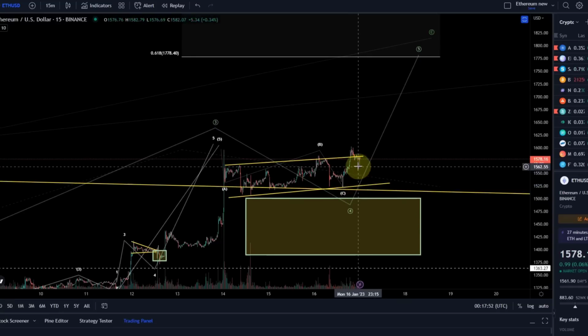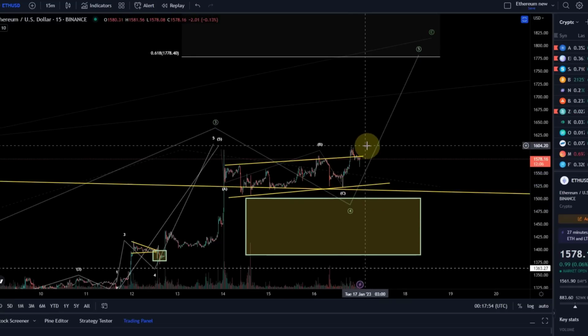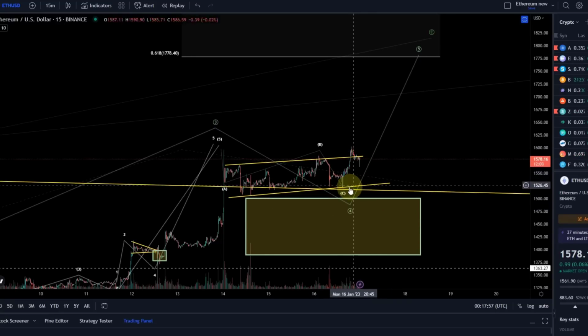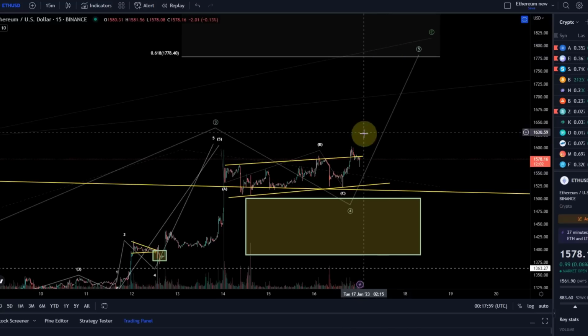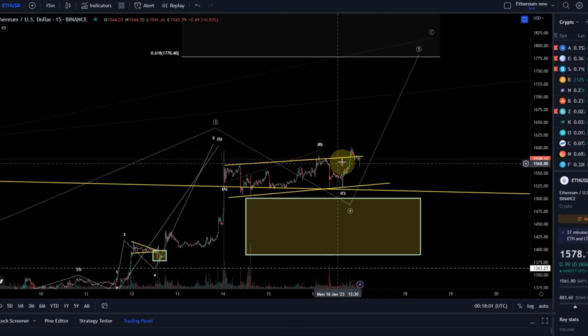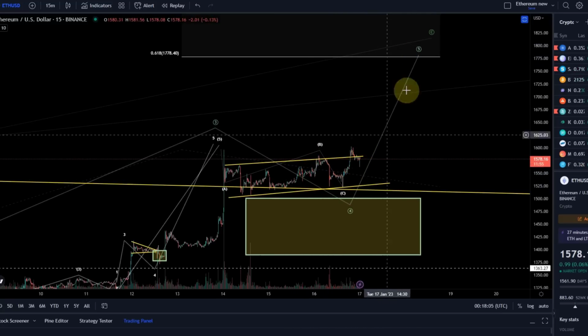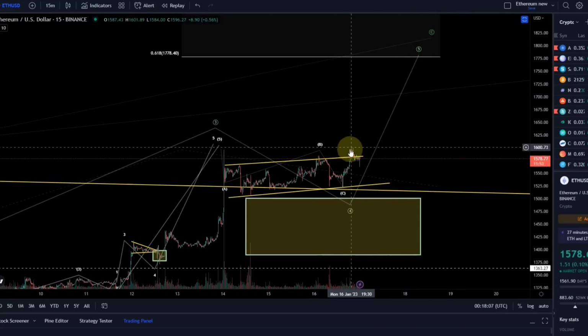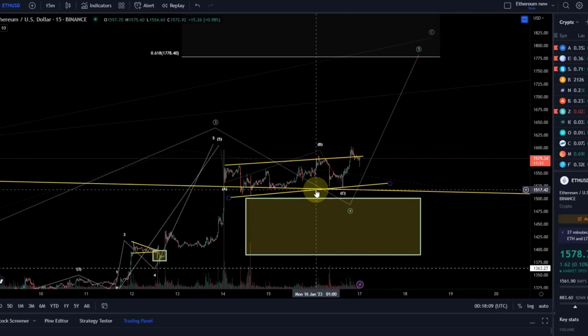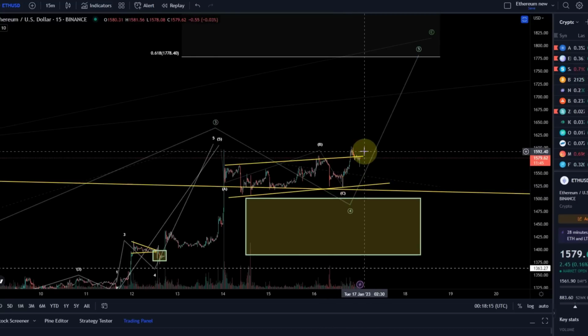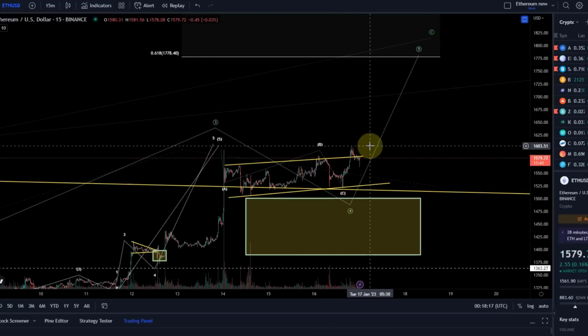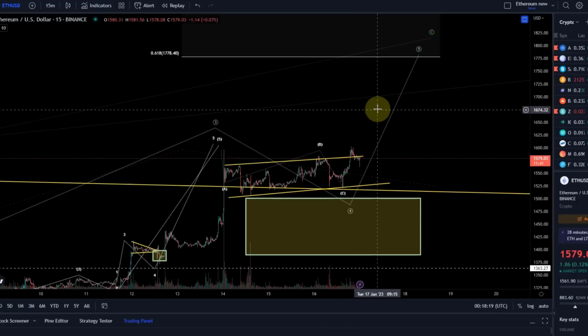Then I need to look at the structure, how it's unfolding, but at the moment I think we can look at higher against this low. It's not super high confidence yet. The confidence will go up if we break above this high again at 1602. But it's getting interesting. So I think primarily I would say the correction is now over, as long as 1522, 1521 is holding, and a break above 1602 would be further confirmation, 1603.